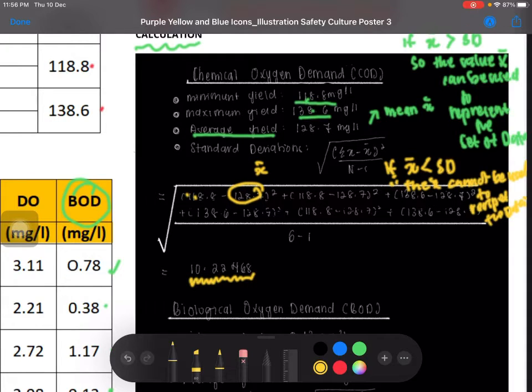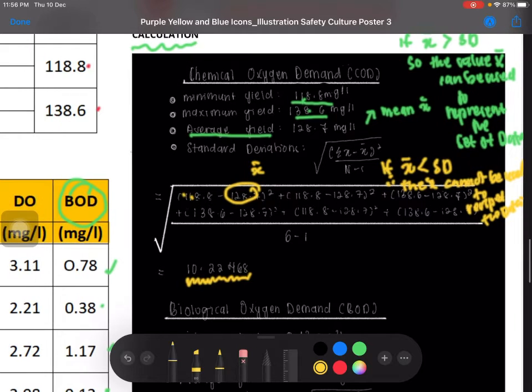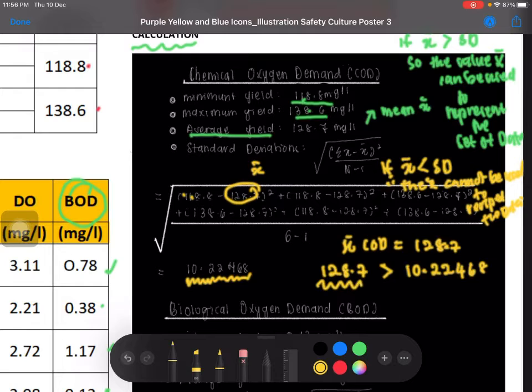So as you can see in the result, the value of the mean for COD is 128.7. 128.7 is actually greater than 10.22468. Therefore, the average yield can be used to represent the set of data.